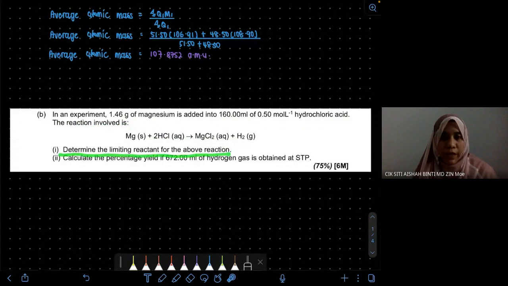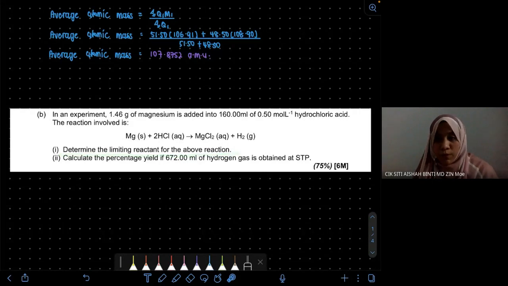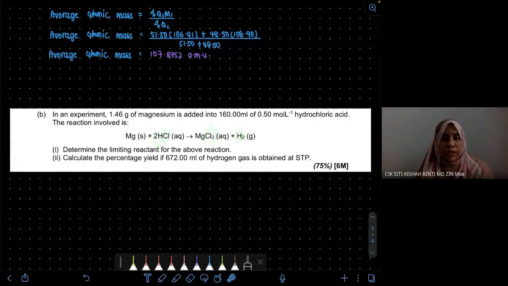Before we determine the limiting reactant, make sure the equation is balanced. Miss checks: magnesium is 1, chlorine is 2, hydrogen is 2. So the equation is balanced.